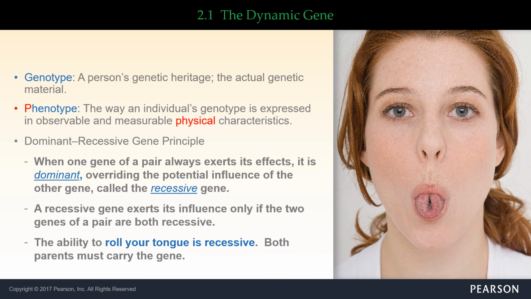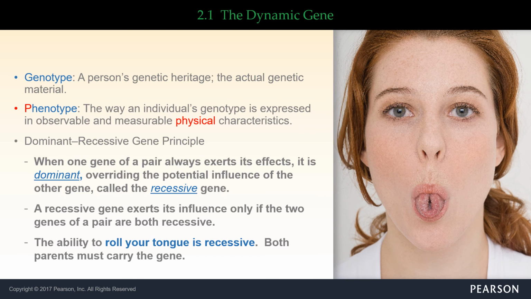A phenotype, though, is the way an individual's genotype is expressed in observable and measurable physical characteristics. So the phenotype of the individual in the picture is that she has blue eyes and auburn hair and fair skin. That's her phenotype.